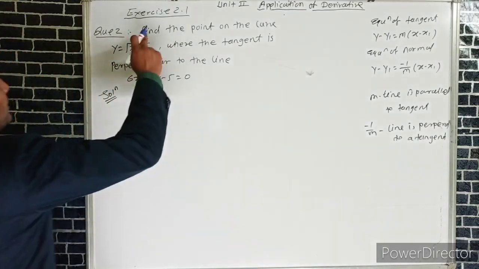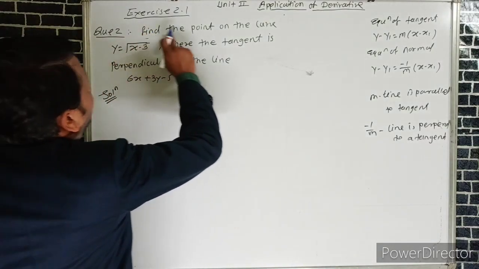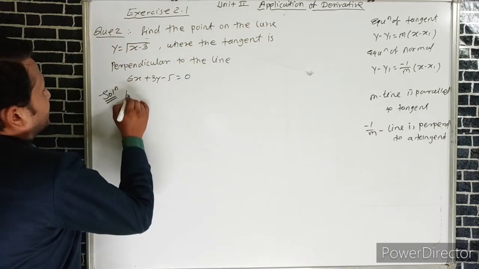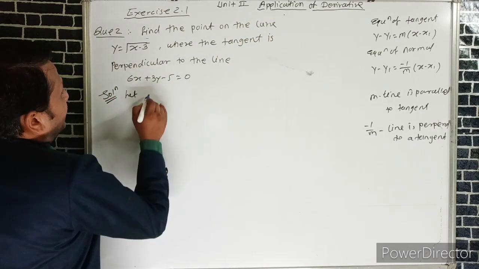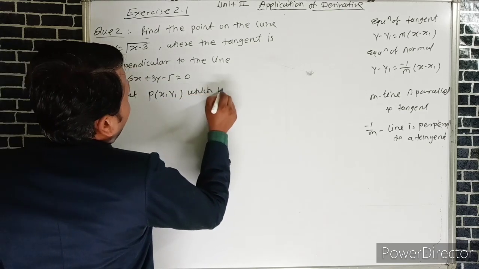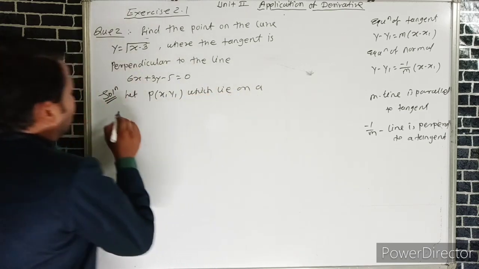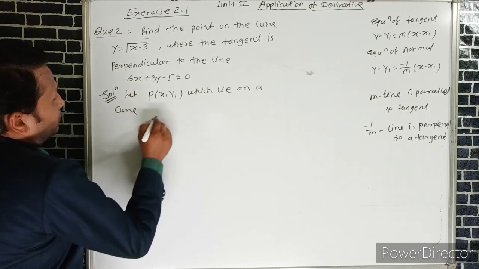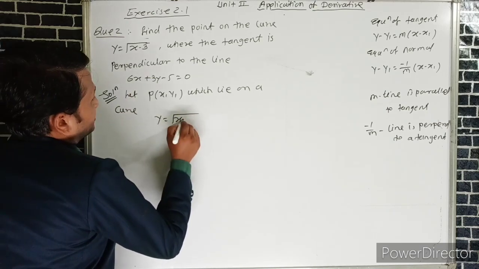So, if we have to find the point which lies on the curve, then first we consider that point, let P be (x1, y1) which lies on the curve, and the curve is given as y = under root of x minus 3.